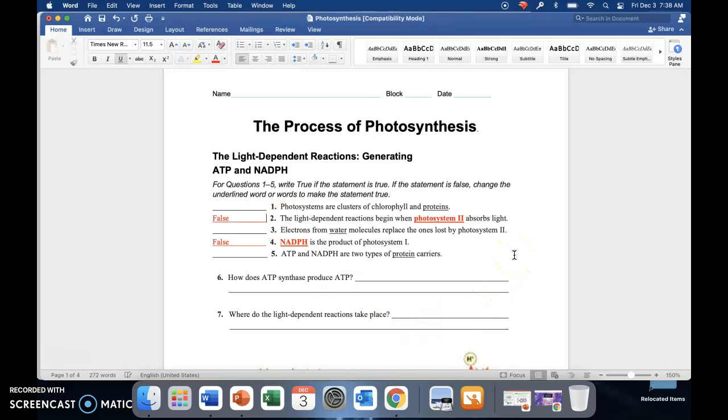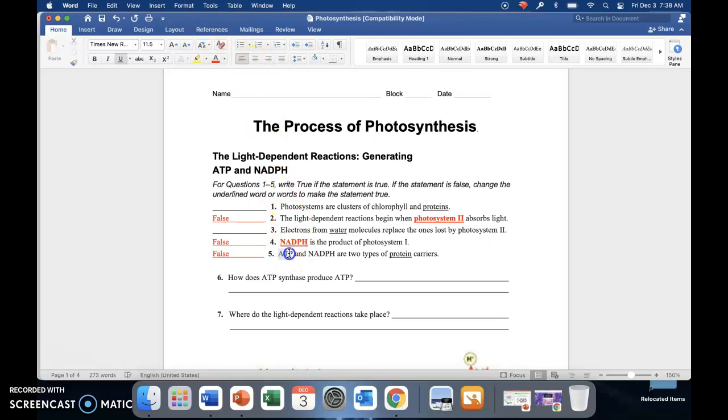Then we move on to number 5. ATP and NADPH are two types of protein carriers. This also is a false statement. If you remember what we talked about in class here, solar energy is used to split the water.